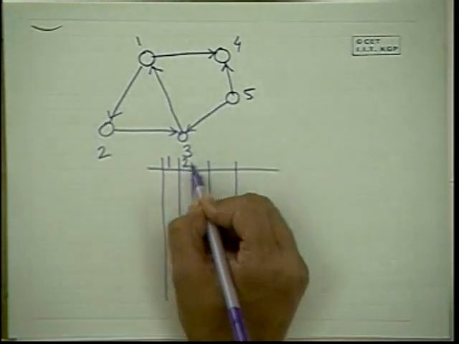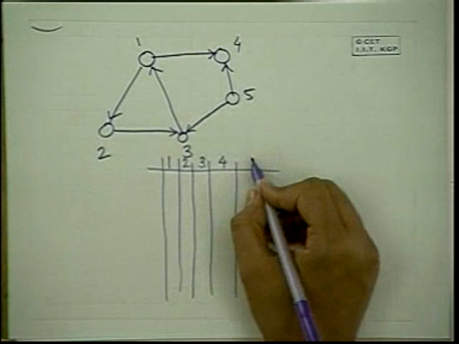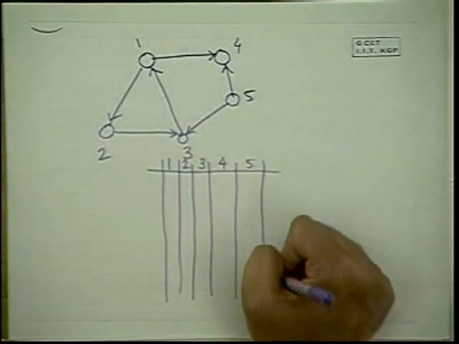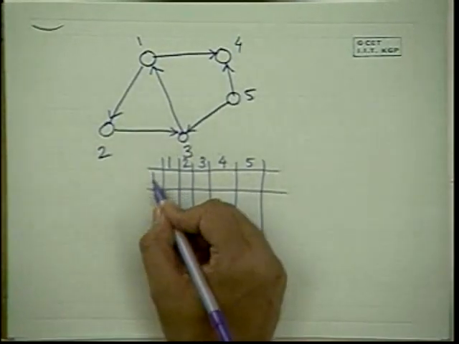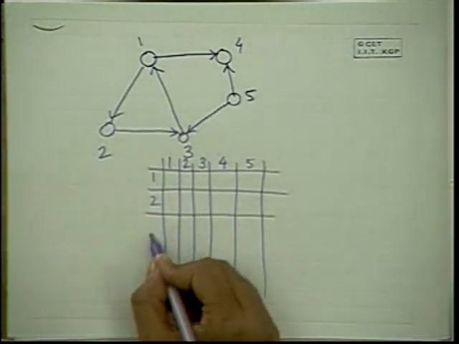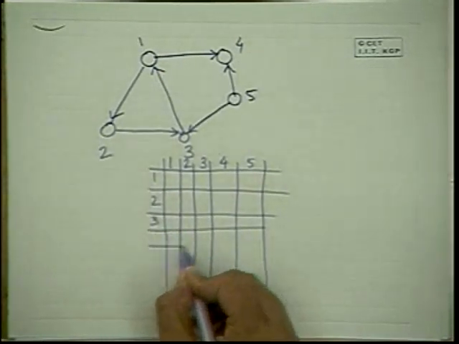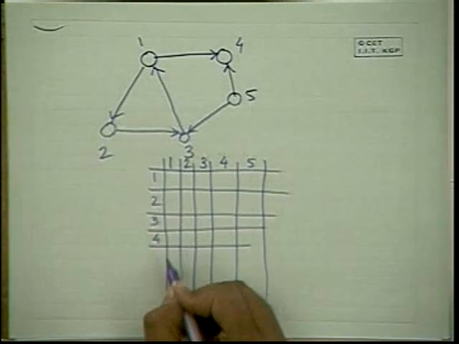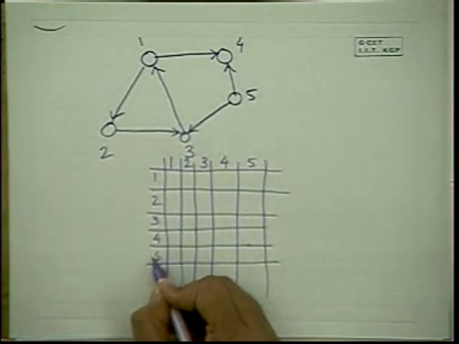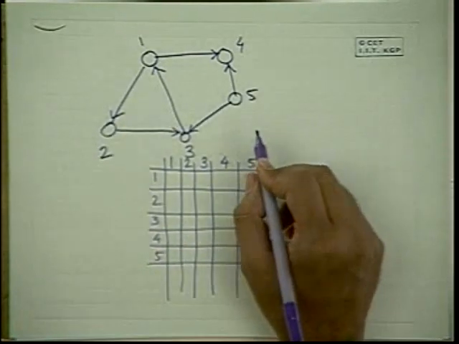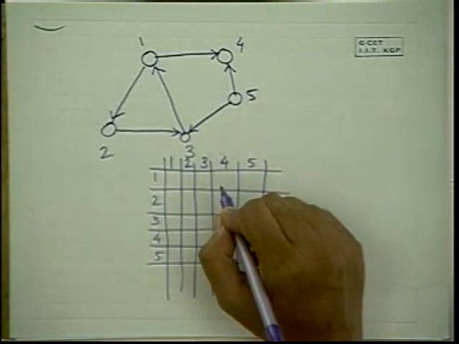Rows and columns 1, 2, 3, 4, 5. In this case, I will assume d_ii is 1.